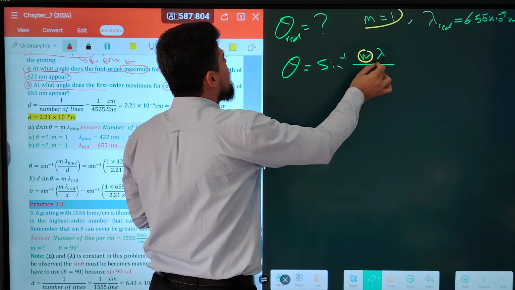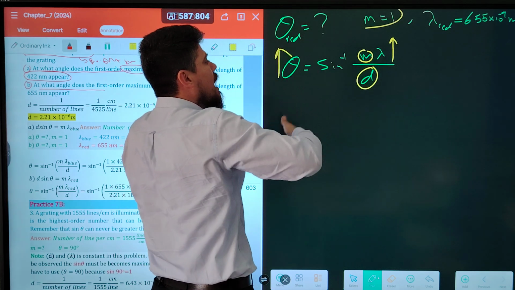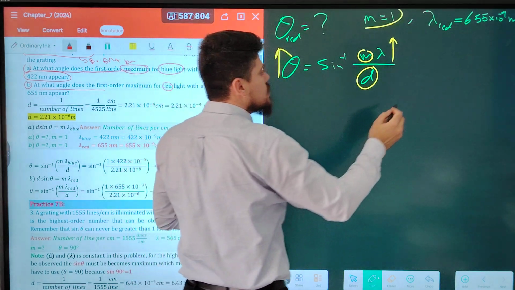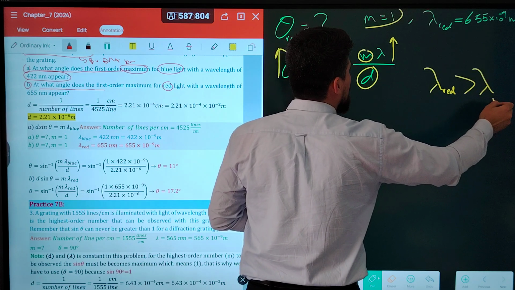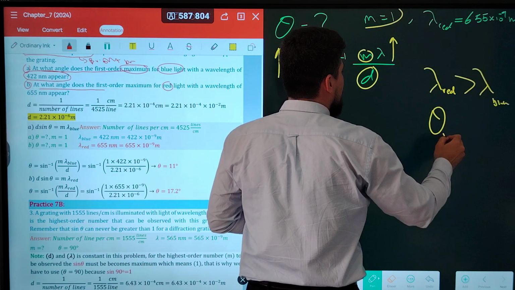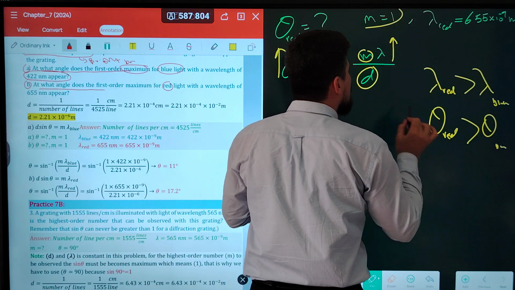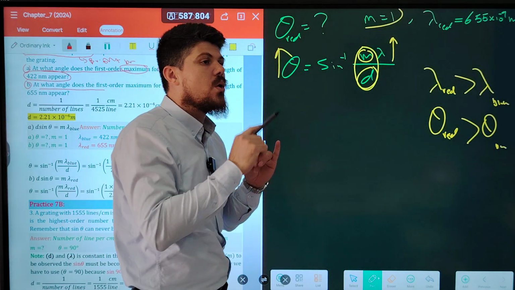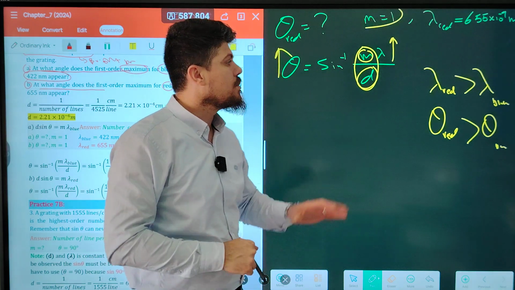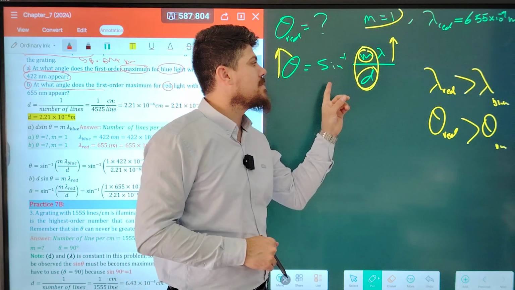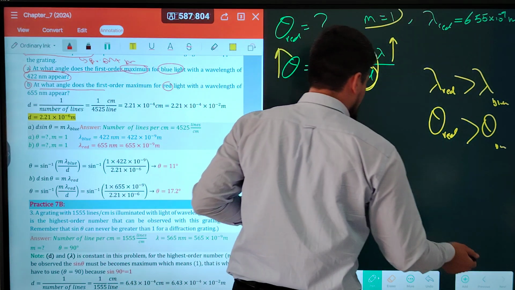What is the relation between theta and lambda? Absolutely, it is directly proportional. More wavelength has more angle of diffraction. Because the wavelength of red is bigger than the wavelength of blue, the theta of red is bigger than theta of blue, but at constant order number and distance between the gratings. Keep in your mind, at constant m and d, theta and wavelength are directly proportional.